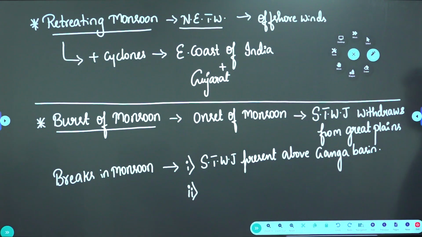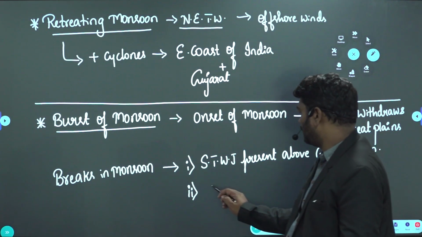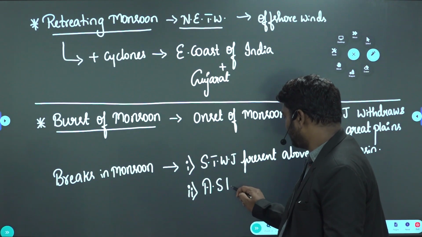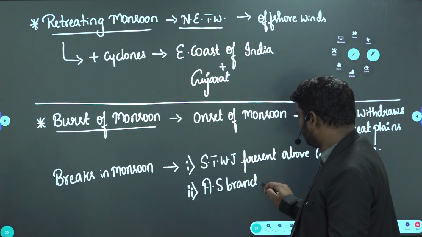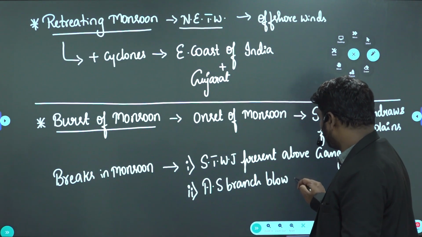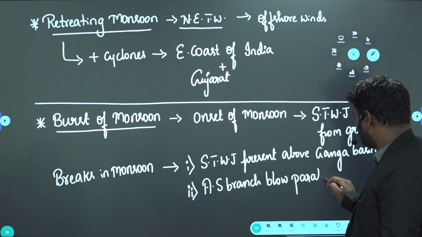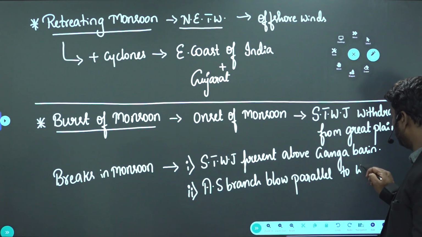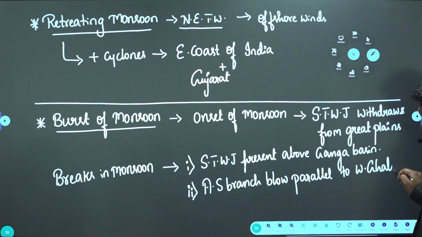Second, the Arabian Sea branch blows parallel to the Western Ghats. Sometimes the Arabian Sea branch blows parallel to the Western Ghats. At that time also you will observe breaks in the monsoon. Fine. Next.